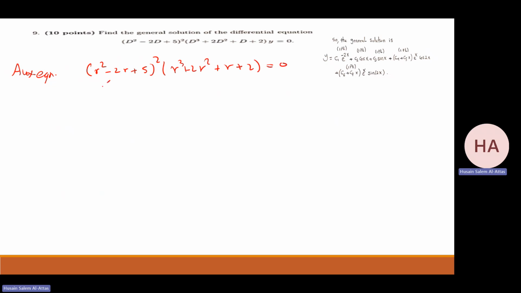This one, to find the root, I need to do it by the quadratic formula: minus b plus or minus square root of b squared minus 4ac over 2. That will be what? This is 4 minus 16, 4 minus 20 is minus 16. So this is 4i. That will be 2 plus or minus 4i over 2. That is 1 plus or minus 2i.